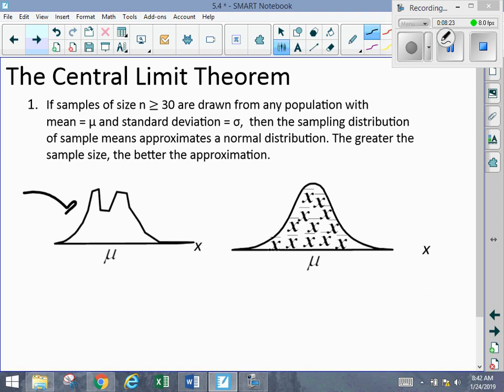So it's going to take a distribution that looks all yucky like that and turn it into something that looks very nice, something that we can use to calculate probabilities using the normal distribution. That's the whole point. It makes it so much nicer when we can do that. We can get out our z-table, we can get a z-score, and then we can calculate a probability based on a z-score and a z-table.